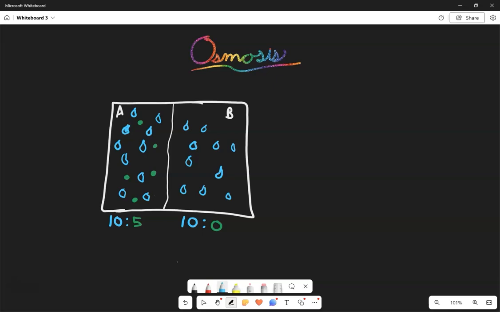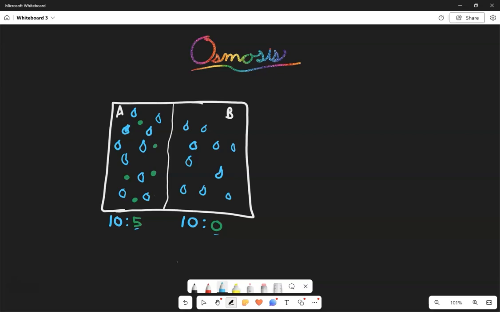Now imagine that this green stuff, whatever it may be, cannot move through the membrane. Only water can move through this membrane. And water wants to move so that these ratios of water to stuff are the same. So I can't change the stuff. So what I can do is change the water.